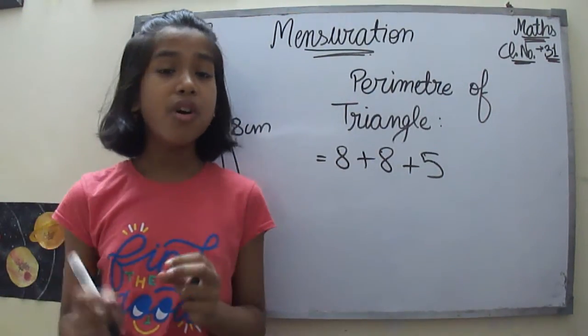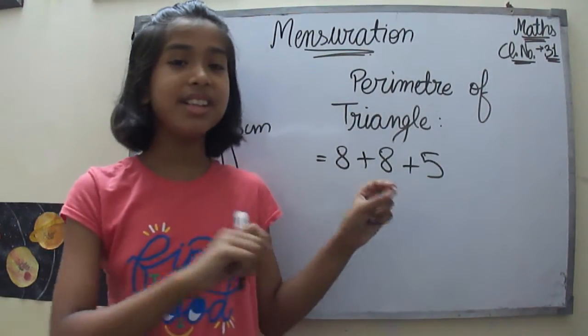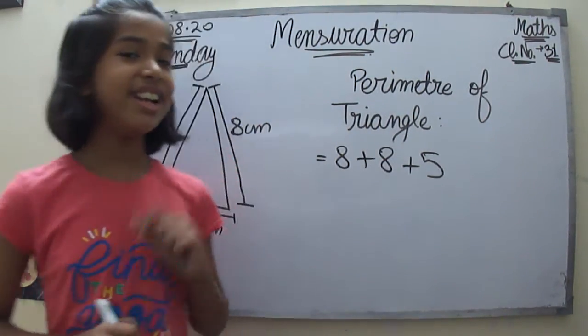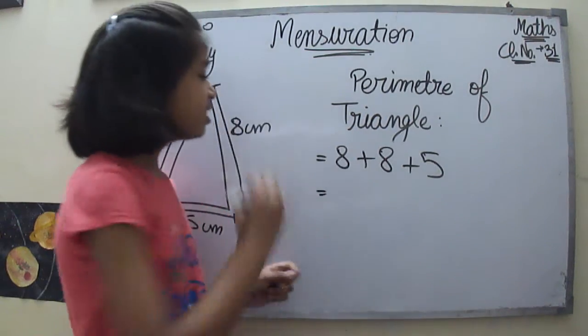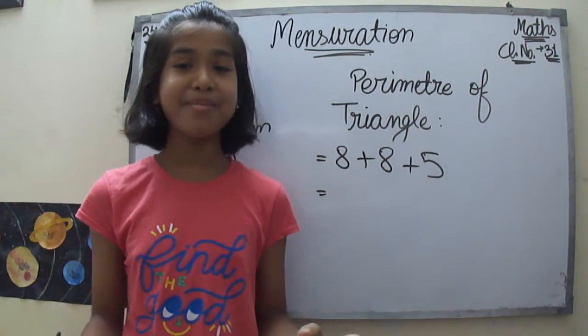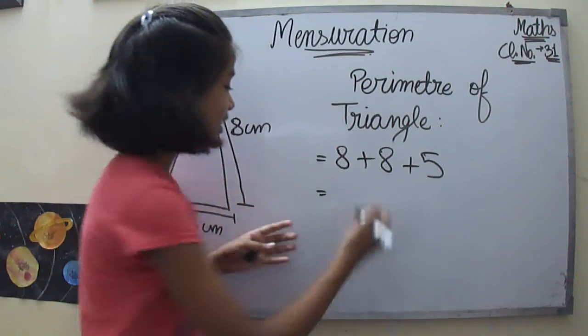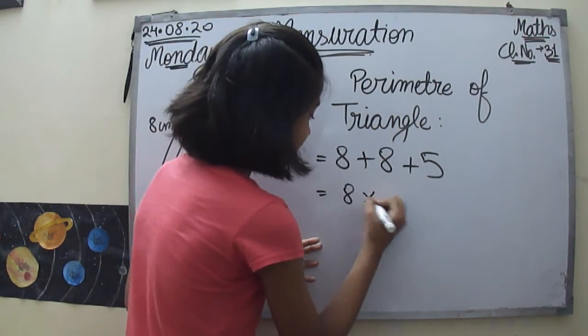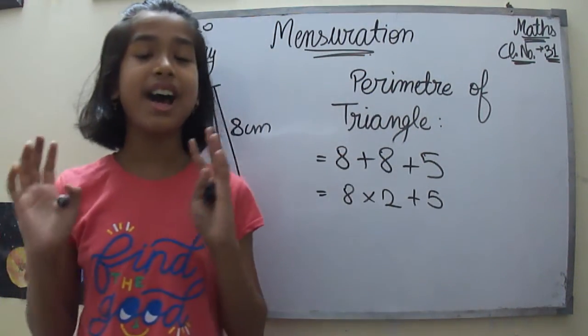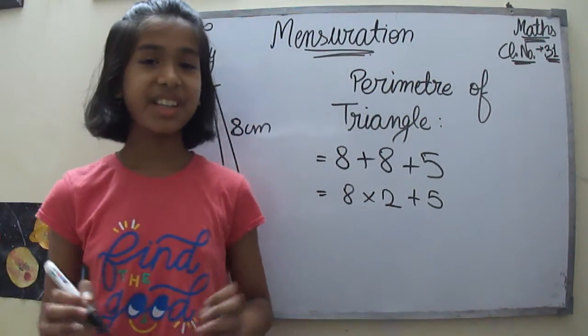But here we can again take the help of multiplication. We are adding 8 two times, so that becomes 8 into 2. Now let's generalize this.